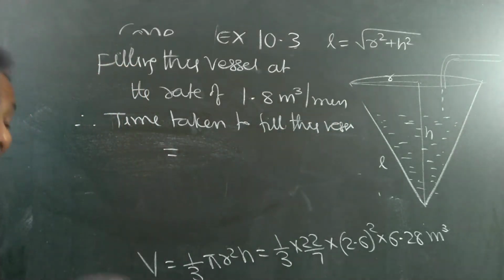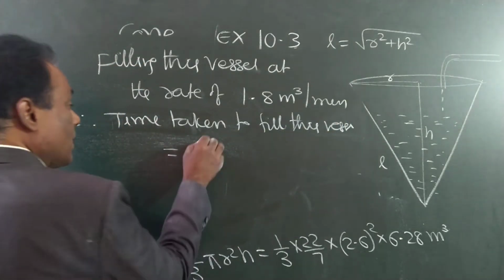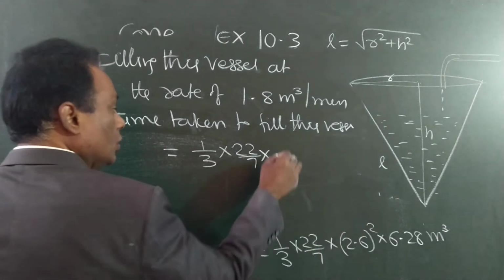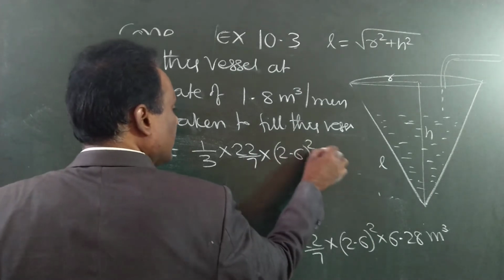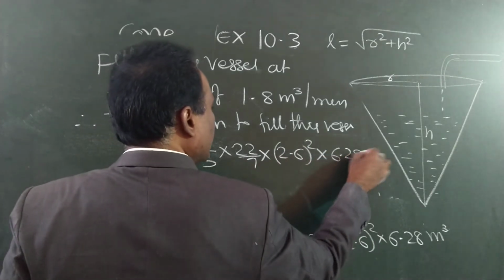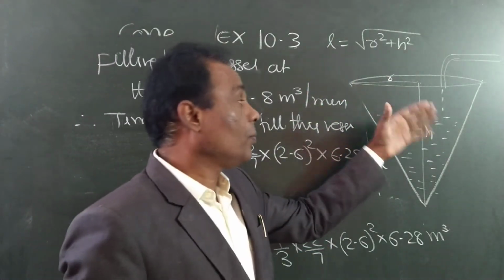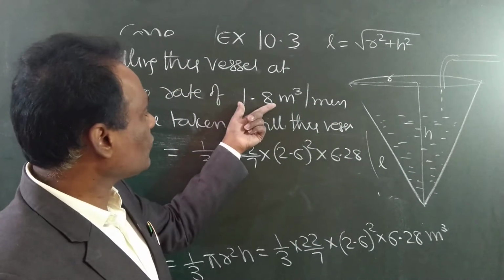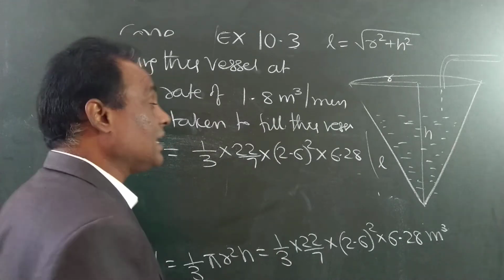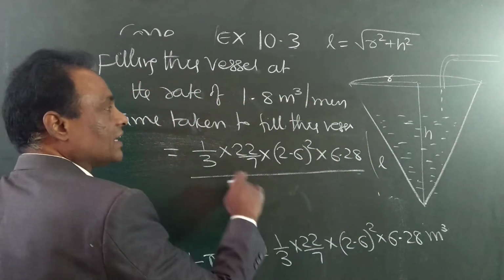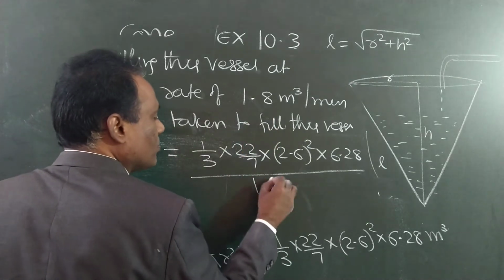Total how much water do we have to keep? 1 by 3 into 22 by 7 into 2.6 whole square into 6.28. This much water we have to keep in this. Per minute how much are we keeping? 1.8. So to know how much time it will take, total amount of water required, per minute 1.8.